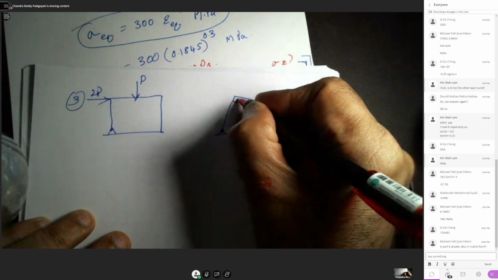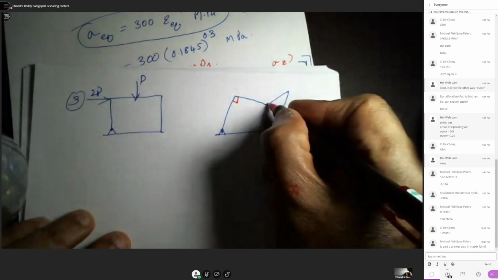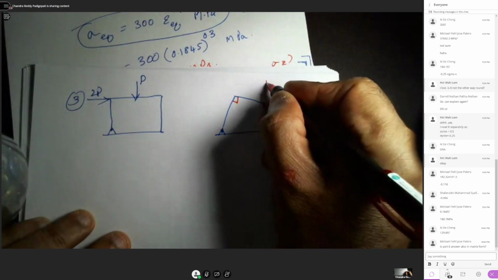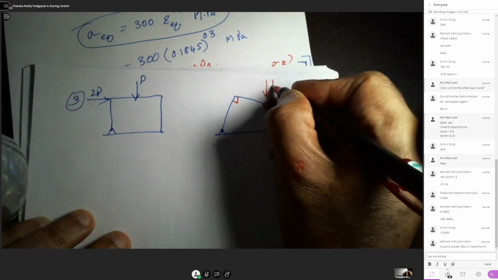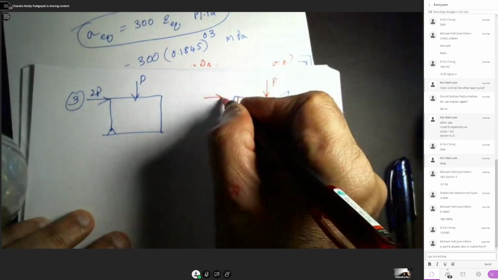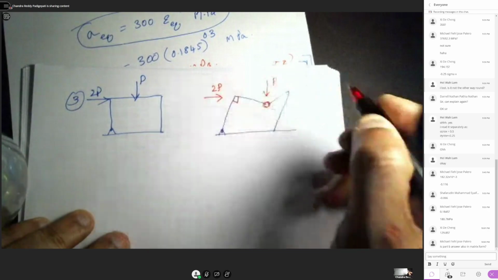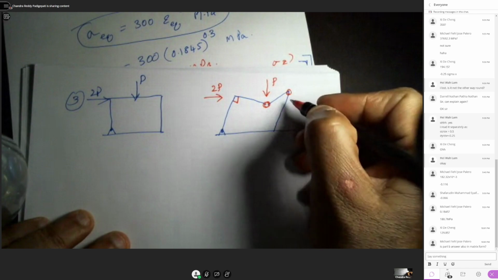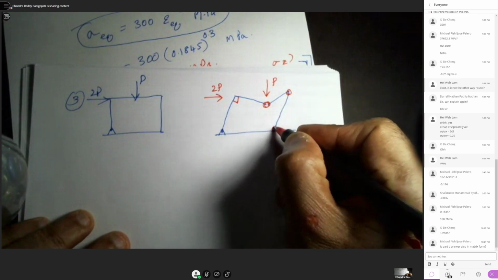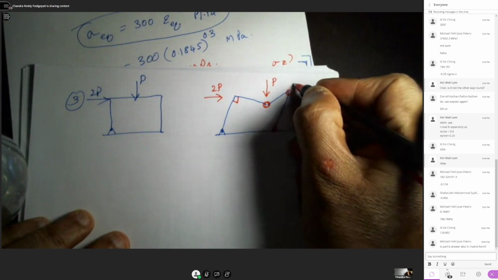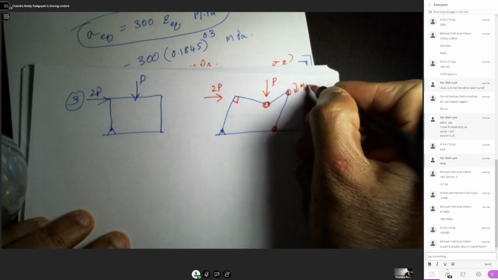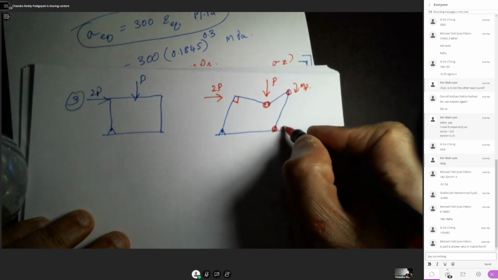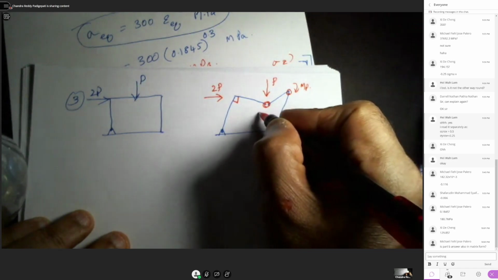Here there won't be any plastic hinge. There will be a plastic hinge here where the load is P, and 2P. So here there will be a plastic hinge, and here there will be a plastic hinge. So there will be plastic movements here, here, and here.